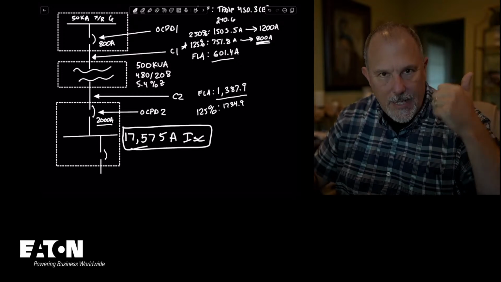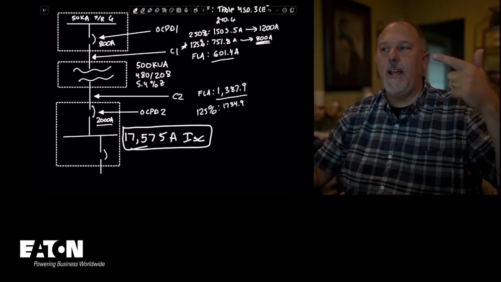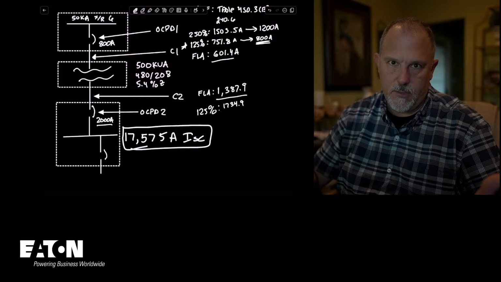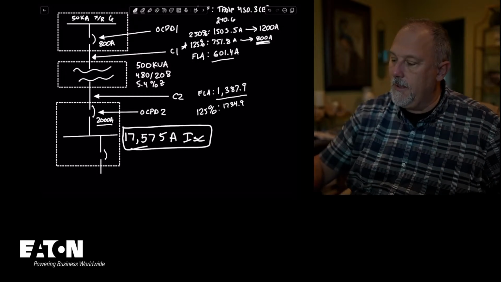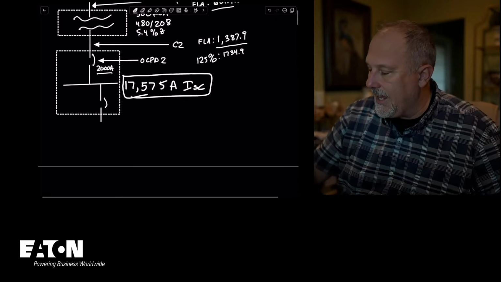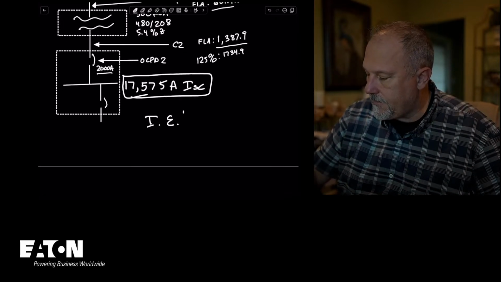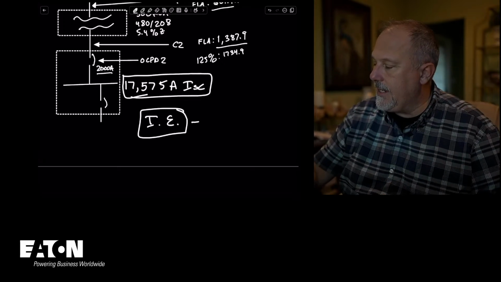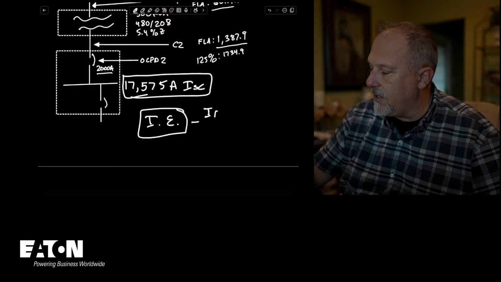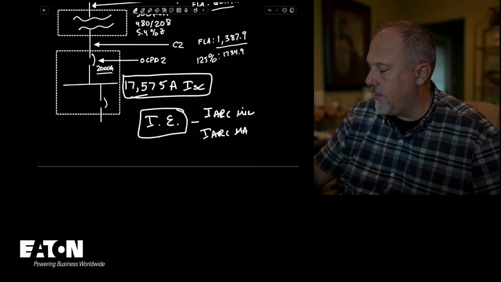So I determined my one-line diagram. We created the impedance diagram, and we calculated our fault currents, okay? Our fault current at the secondary panel board. To determine the incident energy at that panel board, I need to first calculate I arcing minimum, I arcing maximum.